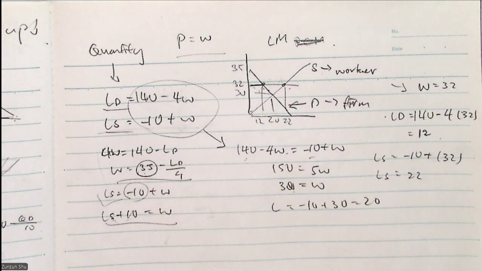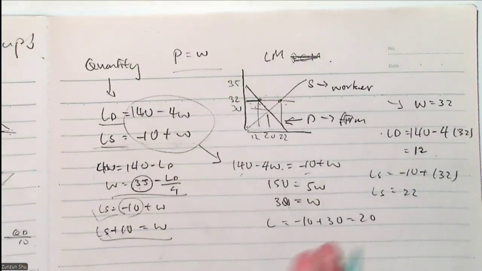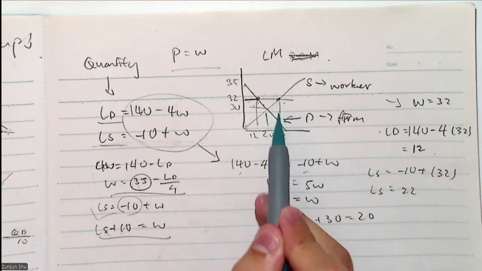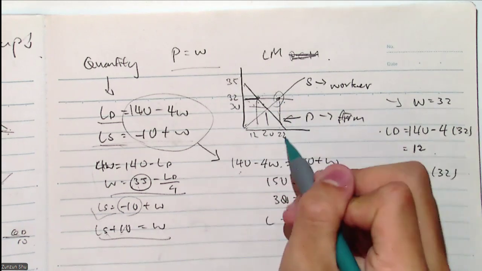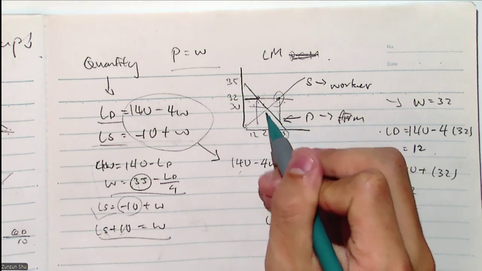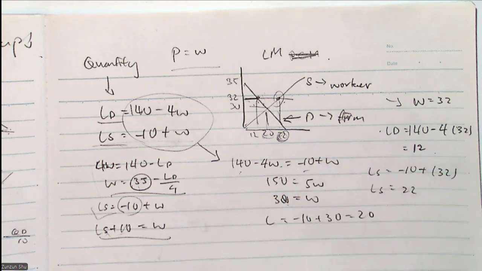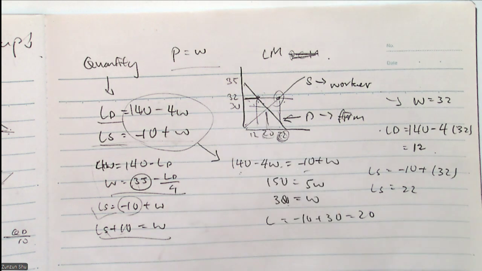If I say minimum wage is not 30 but 32 now, some students might just ditch school and go work at McDonald's, because 32 for an hour sounds better than 0 at school. It might even be negative if you're going to private school and paying tuition. So your quantity supplied is going to be a higher number than your equilibrium quantity, because more workers want to work when you have this higher minimum wage.